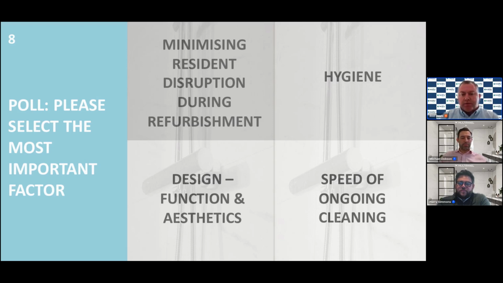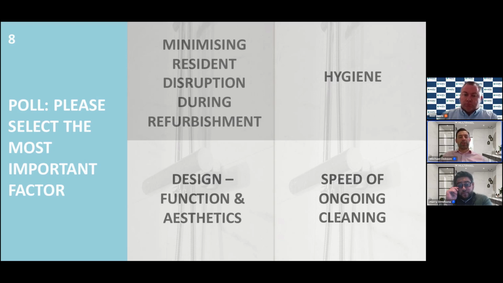You've got to work around a live situation and get that back to normality as quickly as possible, and obviously usability. So it's very interesting that's come up as a top priority from those that are on the call today. Yeah, I would agree.